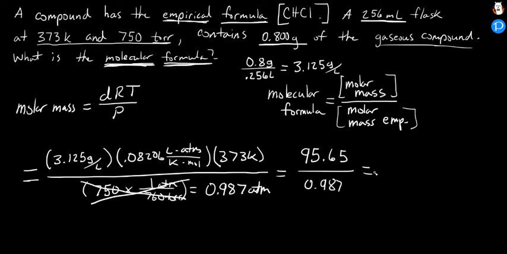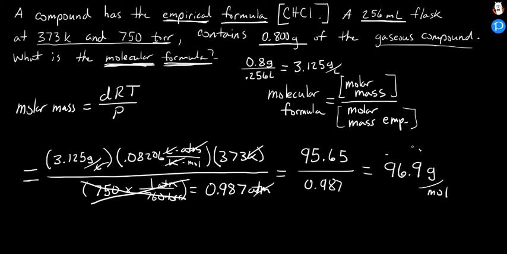Divide that out, 0.987, and I get 96.9. And again, we've already talked about this up there, but liters goes away, atmospheres goes away, Kelvin goes away, so grams per mole.